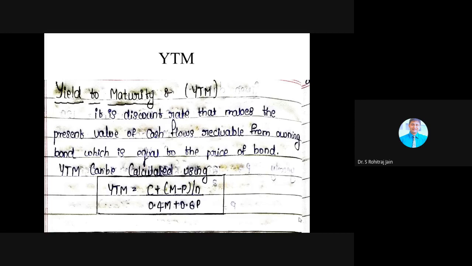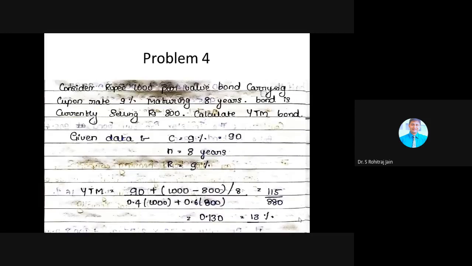Students, the problems are very, very simple, provided you understand what exactly they have given in the problem. So the first problem on YTM of the bond, please see the question over there. Consider a rupee 1000 par value bond carrying the coupon interest rate of 9%, which is maturing after 8 years.